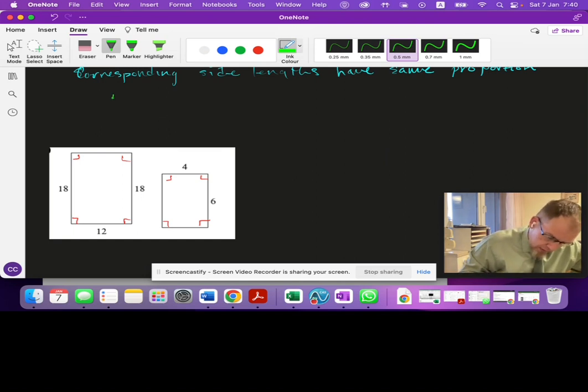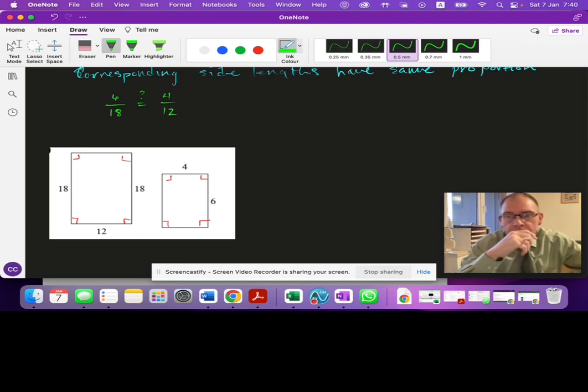So 6 is to 18, is that the same as 4 is to 12? Well, that's just a reduction thing. Can we reduce these two and have this work out? If I take a 6 out of the first one, I would end up with 1 over 3 by dividing by 6 on top and bottom.